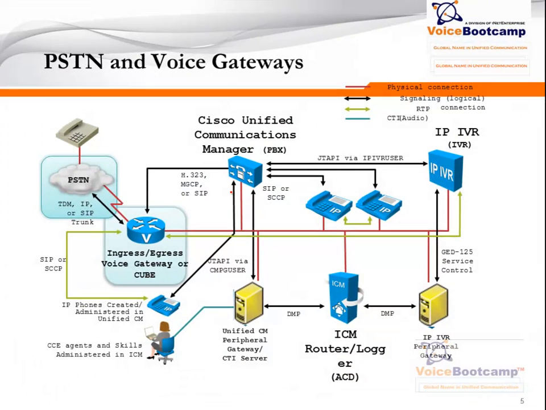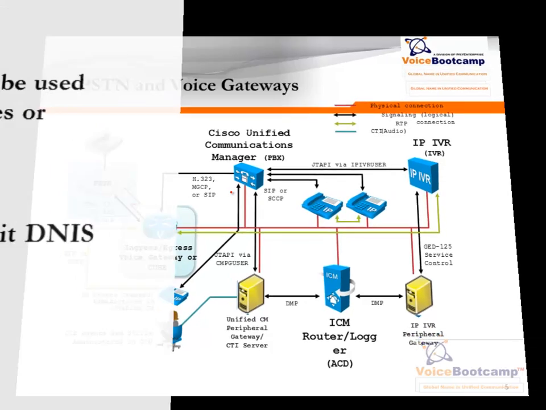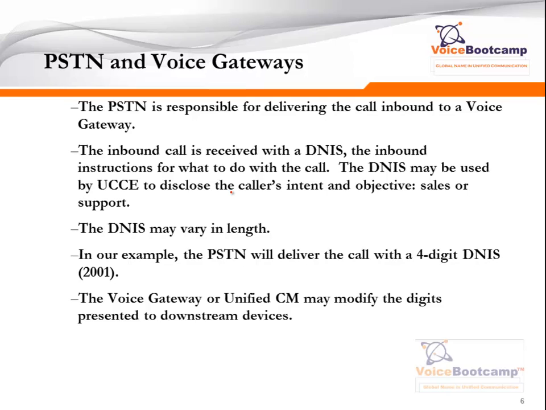So what is a PSTN gateway? Well, the PSTN gateway's primary role is to send and receive calls from a carrier to the enterprise network, and vice versa. A PSTN gateway is responsible for delivering calls inbound to a voice gateway. An inbound call is received with specific information known as DNIS, or Dialed Number Identification Service.